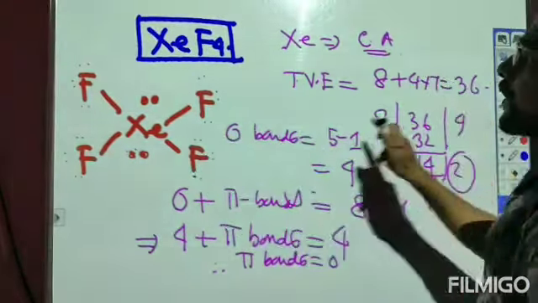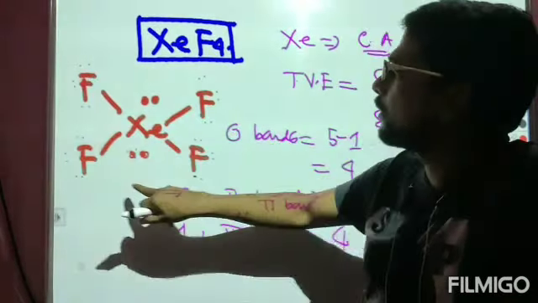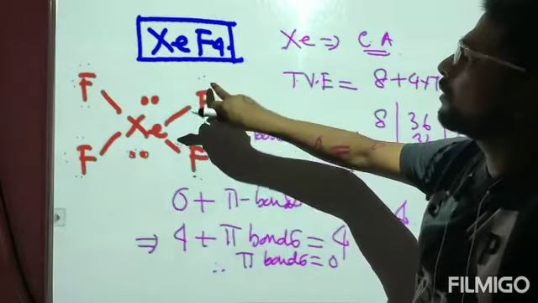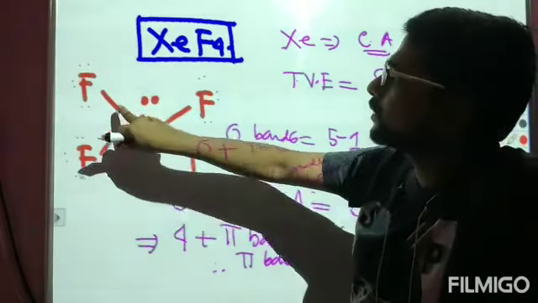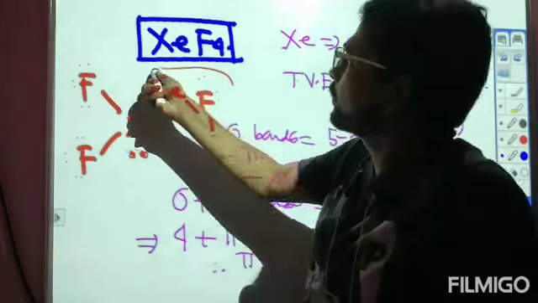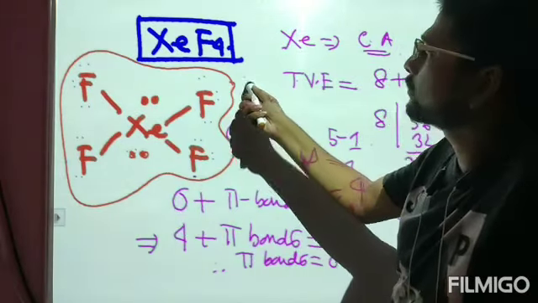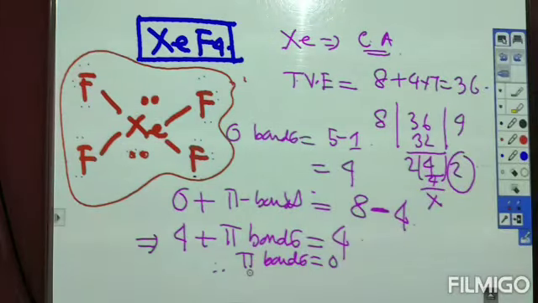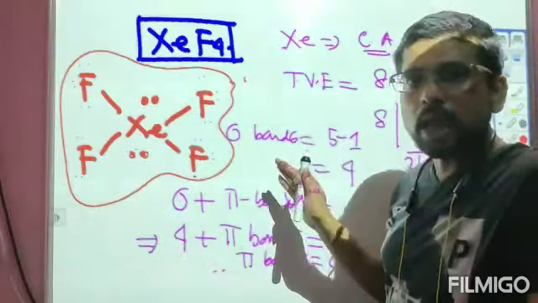So 36: 6, 12, 18, 24, 26, 28, 30, 32, 34, 36. Done. This is the Lewis structure of XeF4. Like that way, we can draw the Lewis structure of it.